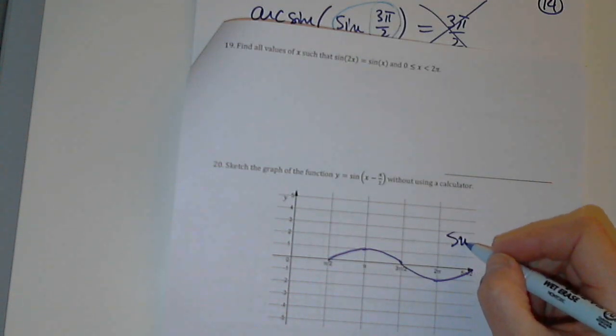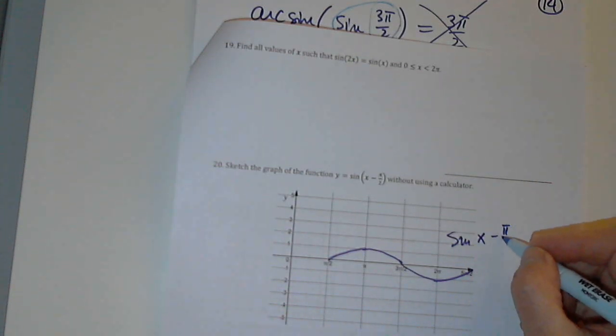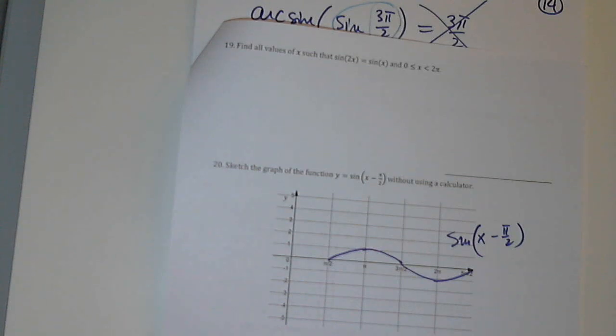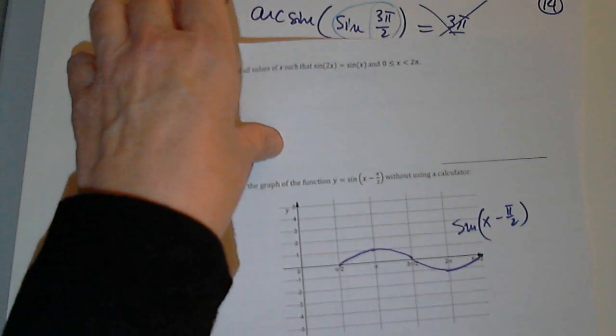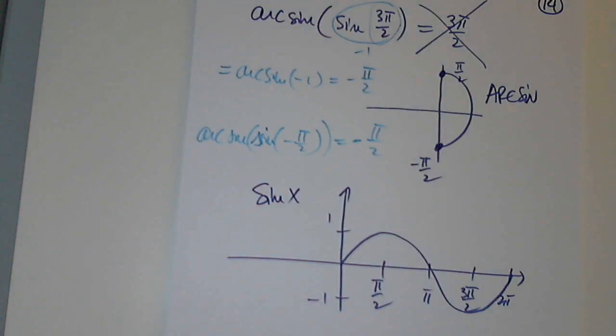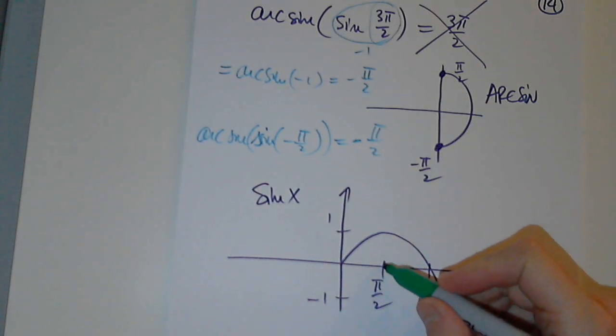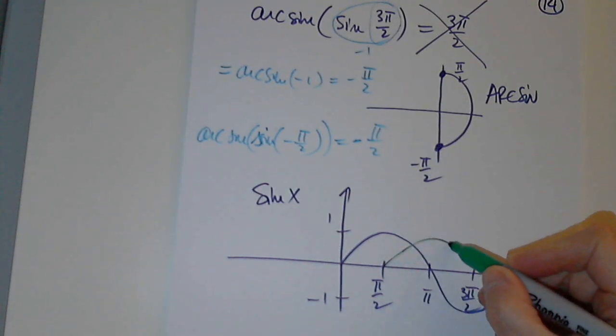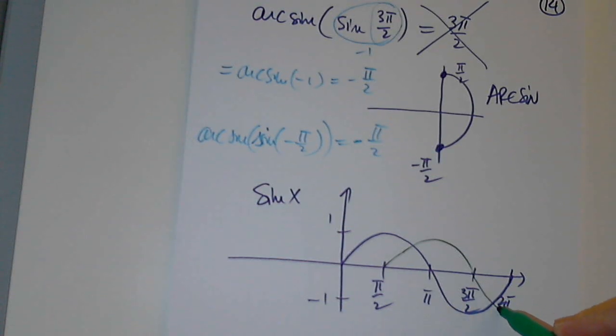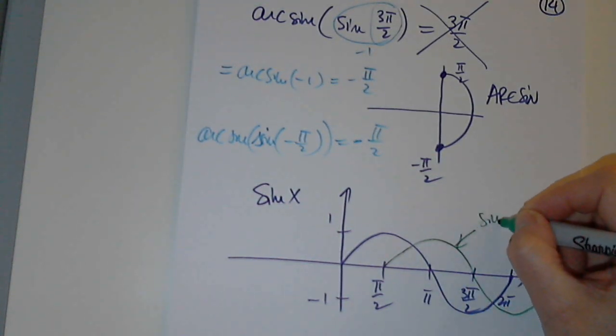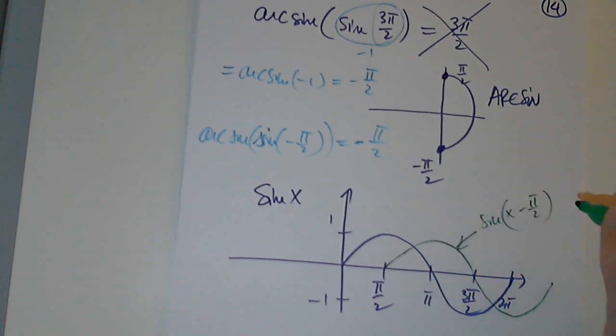So this will be the graph of sine of x minus π/2. And my graph, which I think looks better, it will be this. So this graph is sine of x minus π/2.